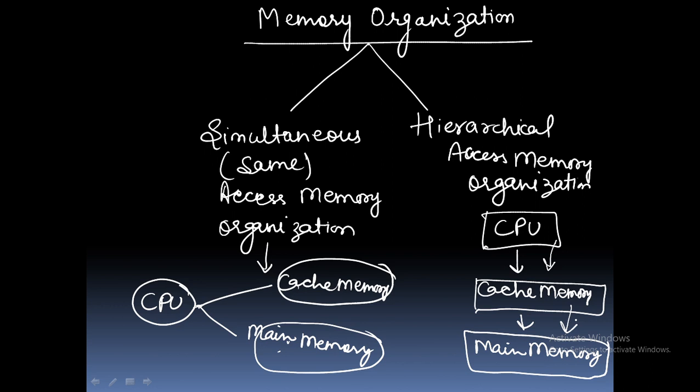So in this case, main memory is not directly connected with the CPU. Main memory is connected with the cache memory and cache memory is connected with the CPU. Only cache memory is connected with the CPU, and cache memory's work is as a mediator between the CPU and main memory.